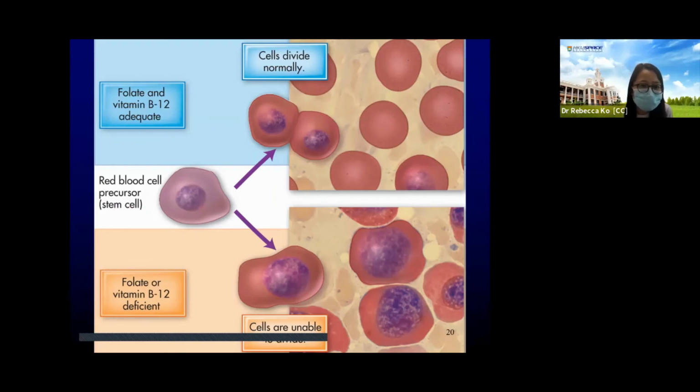This is the red blood cell, right? With adequate folic acid and vitamin B12, cell division can proceed normally. But if there's a deficiency of folic acid or vitamin B12, the cell cannot be divided into smaller ones, it will become bigger and larger. And also, the nucleus cannot be released.